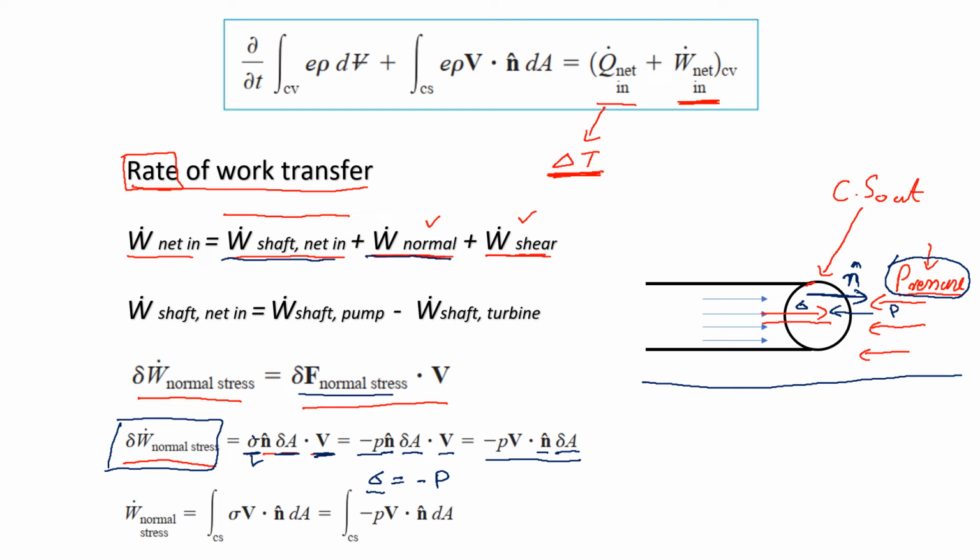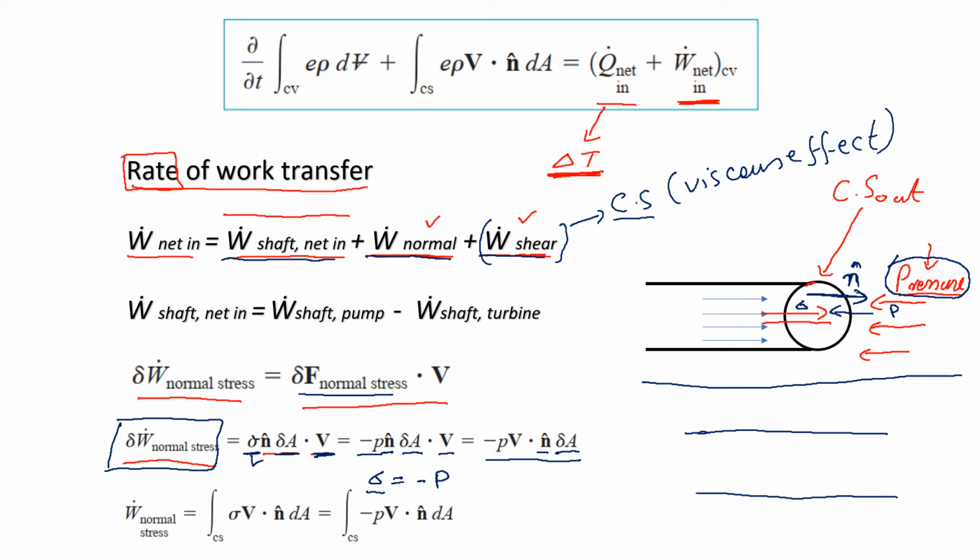Plus the work required to overcome the shear stresses. These are the shear stresses. They also occur on our control surfaces, and they are due to the viscous effects, the viscous effects that occur inside our fluid. The effects due to viscosity. And by viscous effects, I mean the effects that we used to discuss, that if a fluid is flowing like this in this direction, it will have a certain velocity profile, and this is the velocity profile of this fluid.